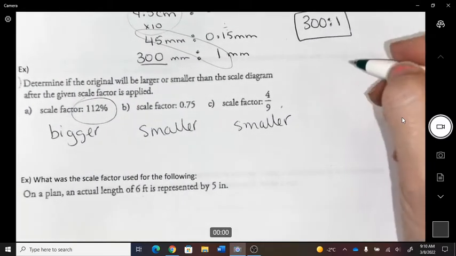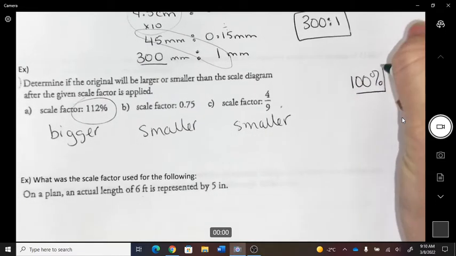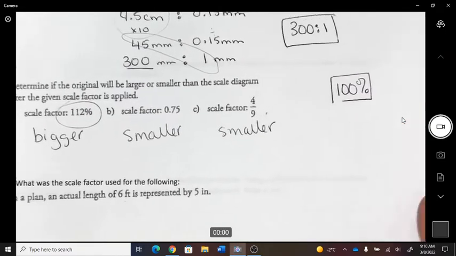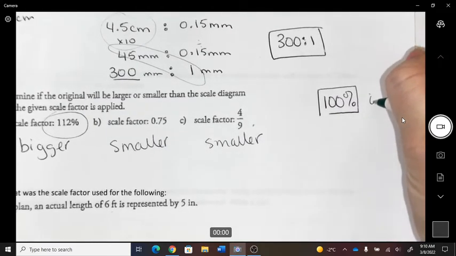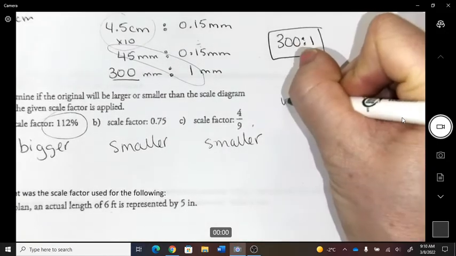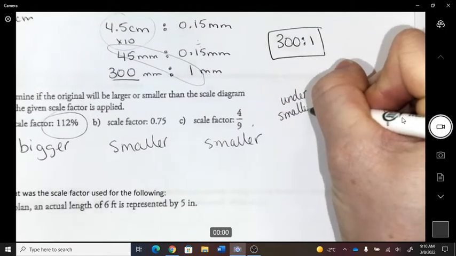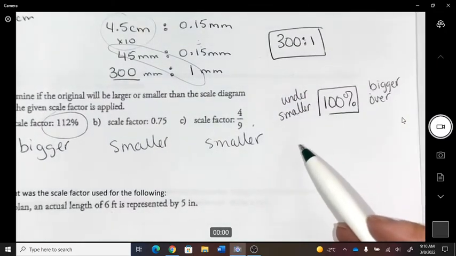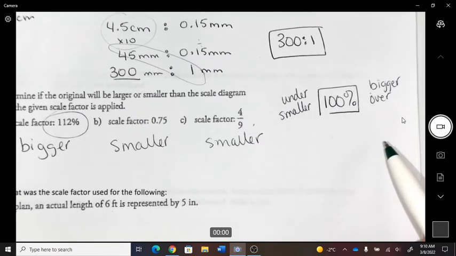Okay, so if something is written as a percent, you compare it to 100. If it's over, you're going to get bigger. If it's under 100%, you're going to get smaller. So 90% of something is actually smaller. 112% was bigger.